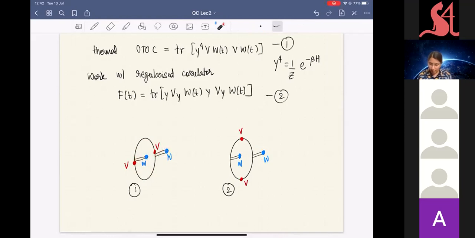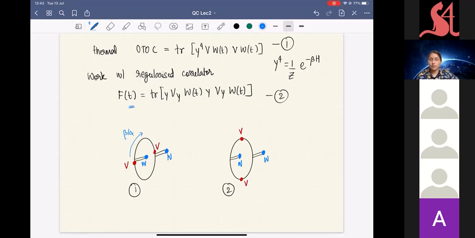So essentially V is at 0 and this is at non-zero time. But for this regularized correlator, we have moved these operators a quarter of the circle. To get the second correlator, we have shifted this V operator by beta by 4. It has been shown that these two are equivalent, and one can talk about this instead of the OTOC, and prove the conditions on this function instead of on the OTOC.